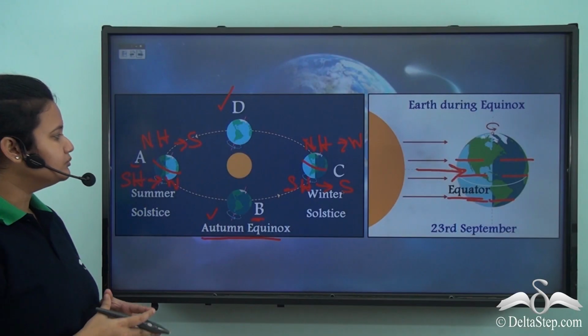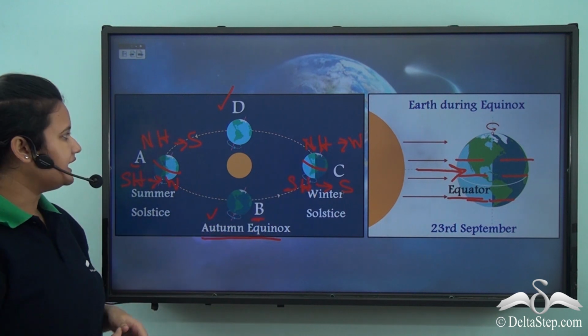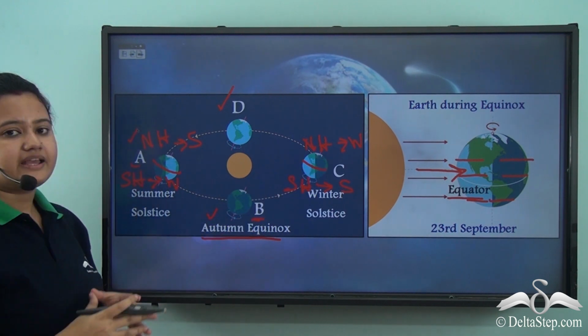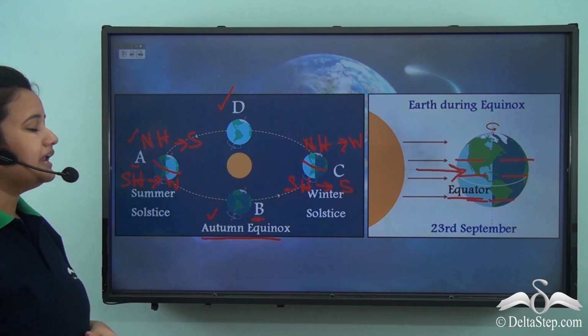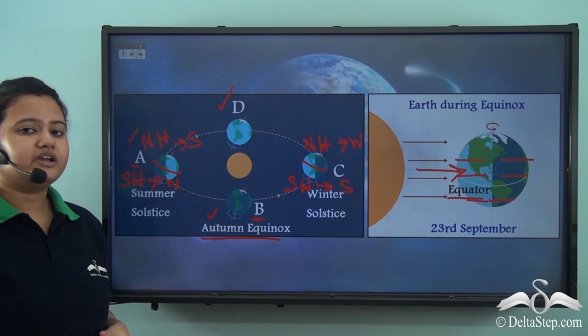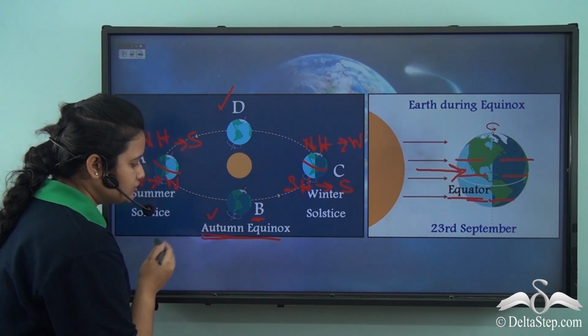Now, as the earth moves from position A to position C, we find that in the northern hemisphere there is a transition from summer to winter. Now, this transition period between summer and winter is known as autumn.